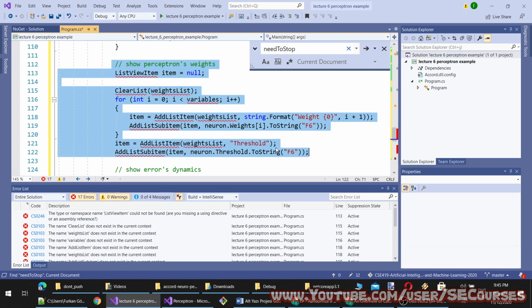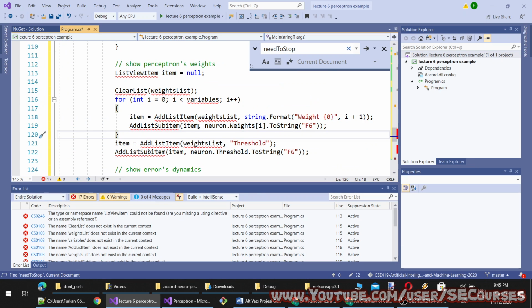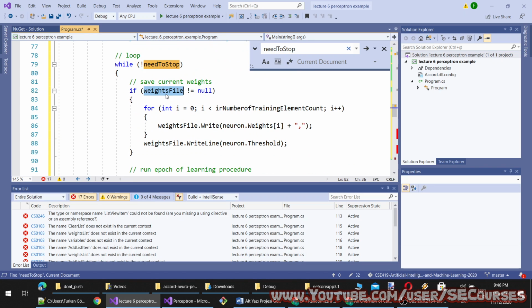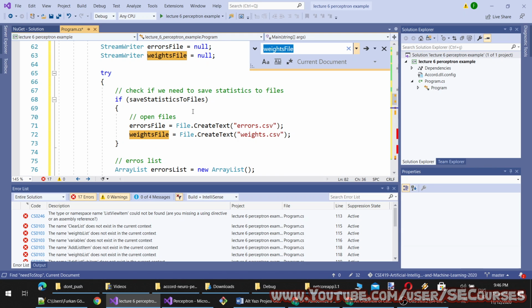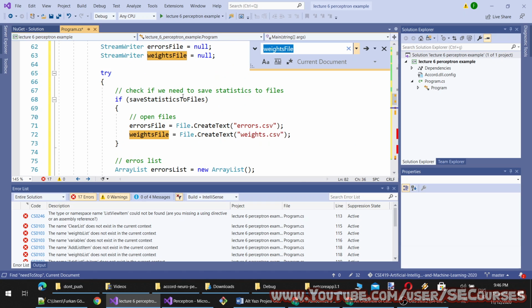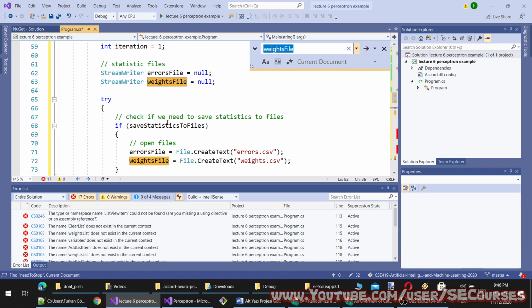There is show perceptron weights. We don't need this either. But we can write the perceptron weights to a file. The weights file is, oh, there is already file create. Yeah, okay. So this will write statistics to the file at every case, which I don't want.